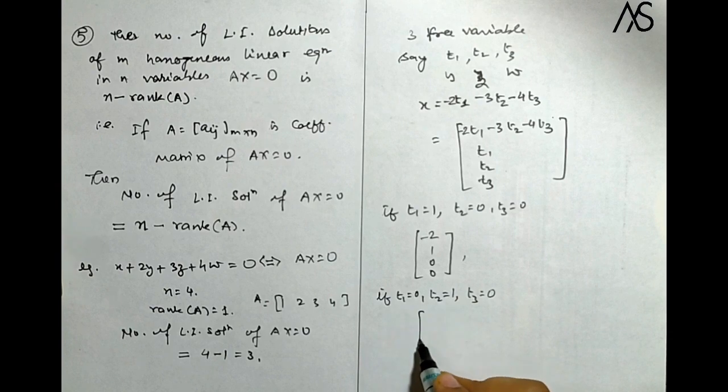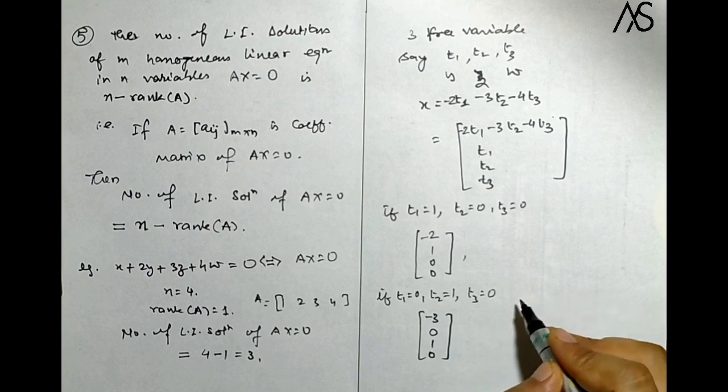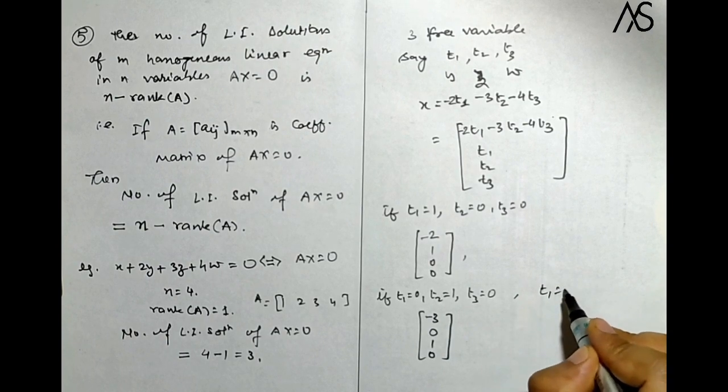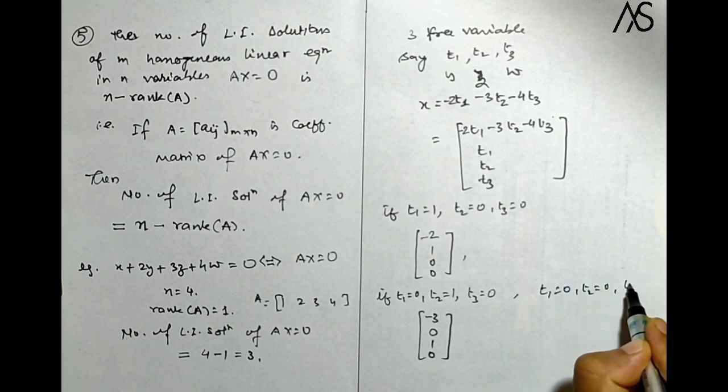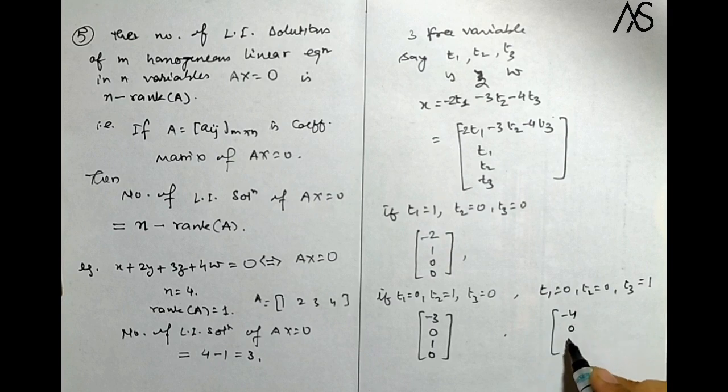So I will get here what? This one t1 is 0, t2 is 1, t3 is 0 and this one will be minus 3. And similarly, if t1 0, t2 0 and t3 will be 1, then we will get here minus 4, 0, 0 and 1.